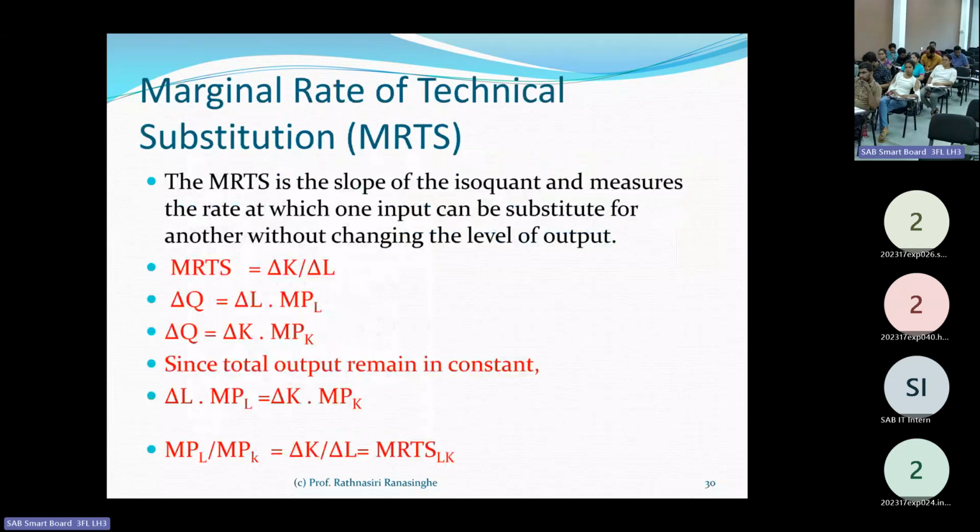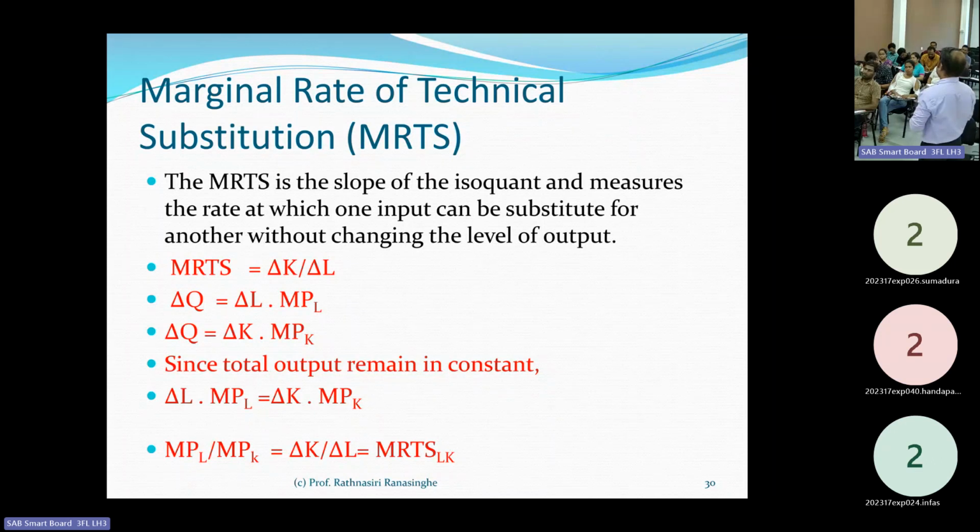Now look at the slope of the isoquants. The isoquant gives us an equal level of output, which can be generated by incorporating different labor and capital inputs. So how do we change output?